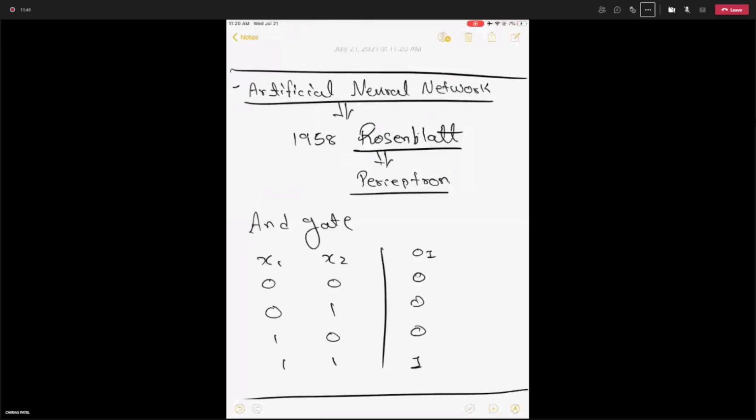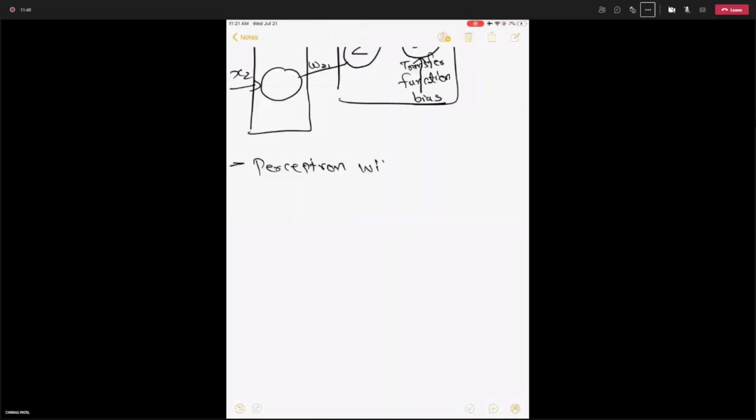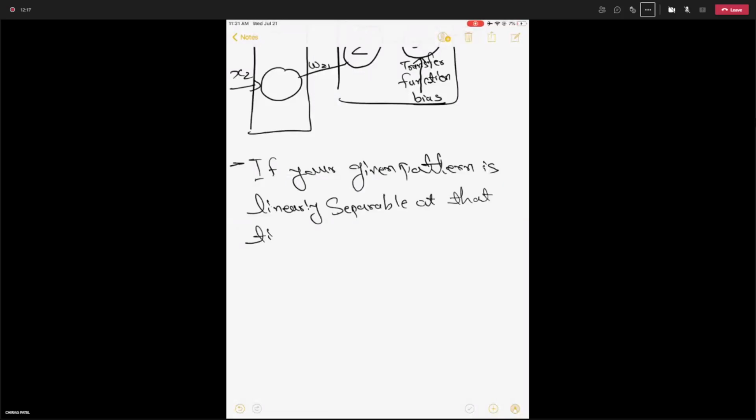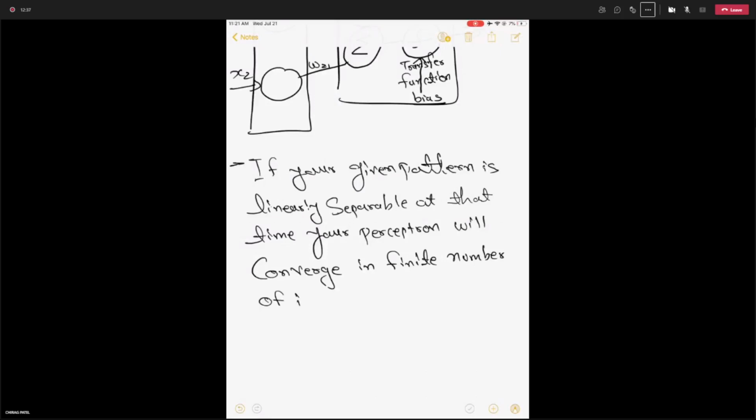The second thing the person stated at that moment of time: if the given pattern is linearly separable, at that time the perceptron will converge in a finite number of iterations.